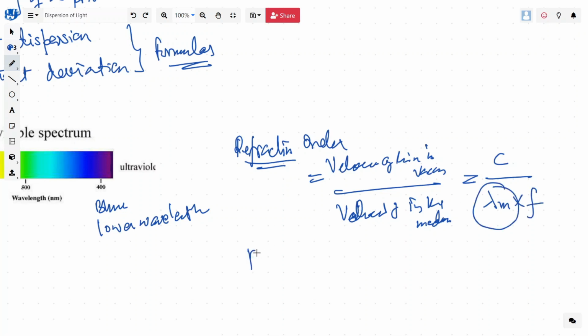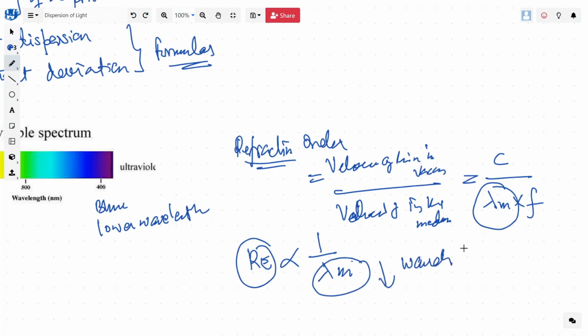So now refractive index sort of behaves like this, which means that for lower value of wavelength we have a higher value of refractive index, and for a higher value of wavelength we have a lower value of refractive index.